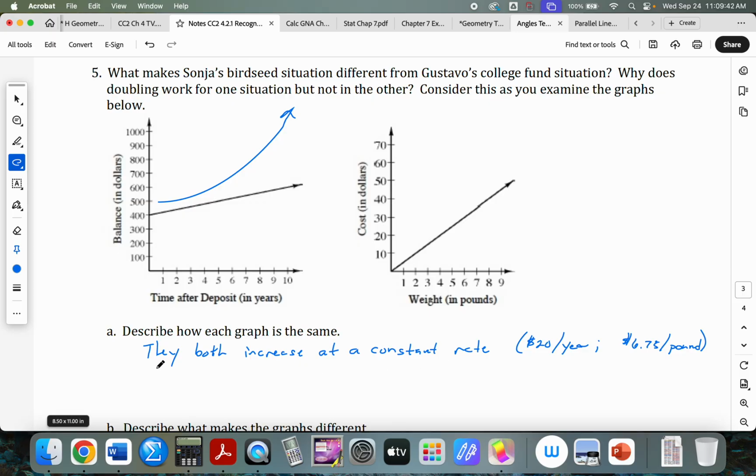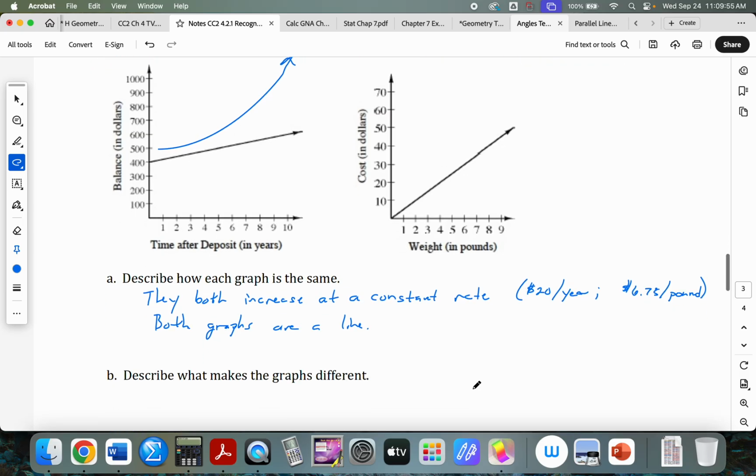So notice both graphs are aligned. Now, what is it that's different about those two?